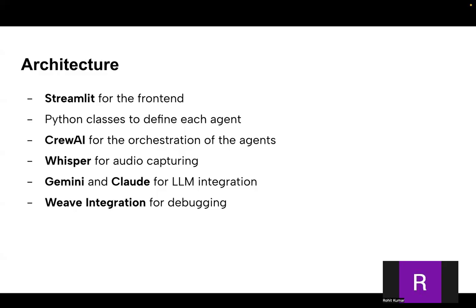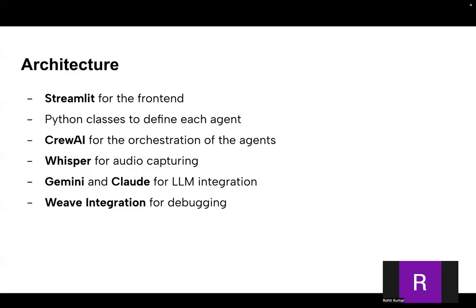Then we had Crew AI, an integration that helps multiple MCP agents talk to each other. We also used Whisper for audio capturing, and a Gemini and Claude integration for the chatbot.